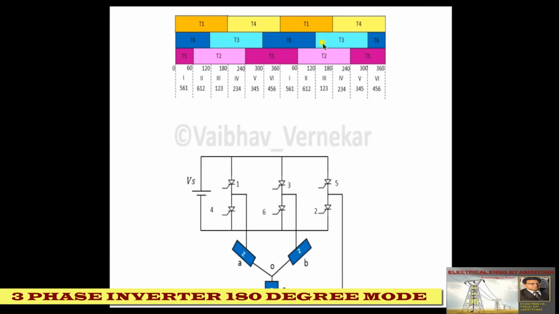In the second leg, the operation starts after completion of 180 degree. So this is the 180 degree mode of operation, and this is the third leg where T5 and T2 operate after 360 degree. You can see, so at 180 degree this starts.